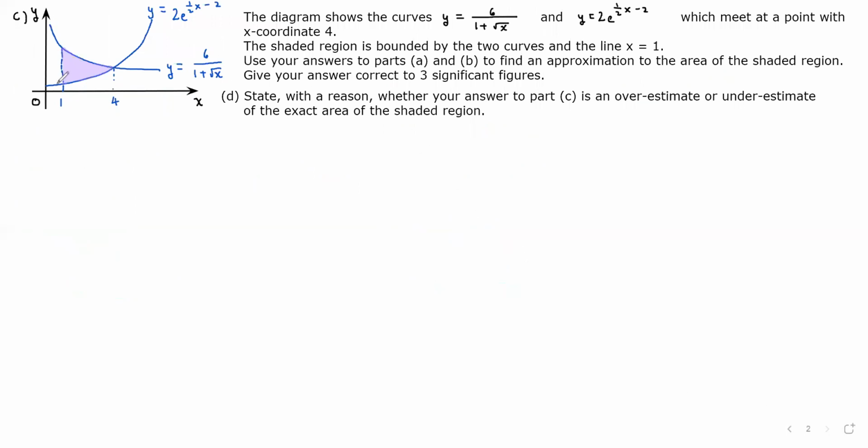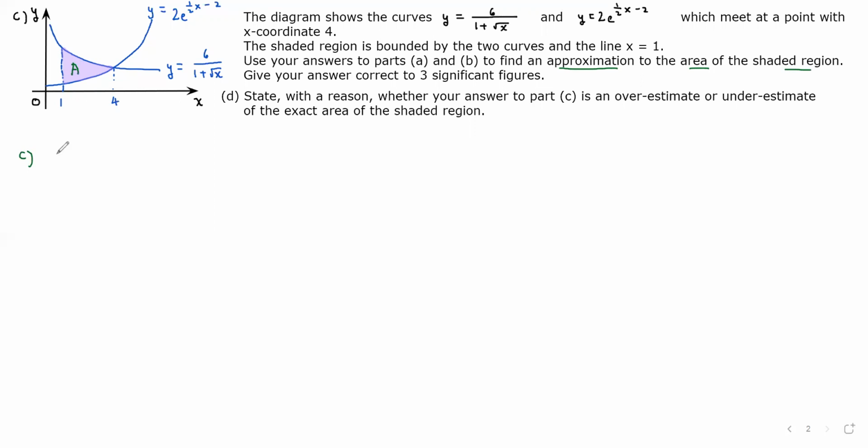Part C, we are given a diagram that shows the curve y equals 2e to the 1 over 2x minus 2 and y equals 6 over 1 plus root x. The shaded region, this is the given shaded region here, and we use our answer in parts A and B to find an approximation to the area of the shaded region.